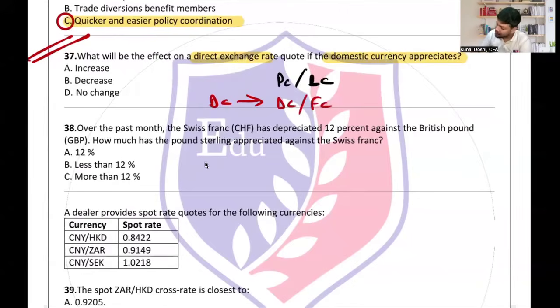So the foreign currency is the base currency. If the domestic currency appreciates, that means the foreign currency will depreciate. So can I say in that case, the direct quote will also go down, isn't it? So the direct quote will, yes, decrease. Remember, a direct quote is the quote where the foreign currency is the base currency. Clear?